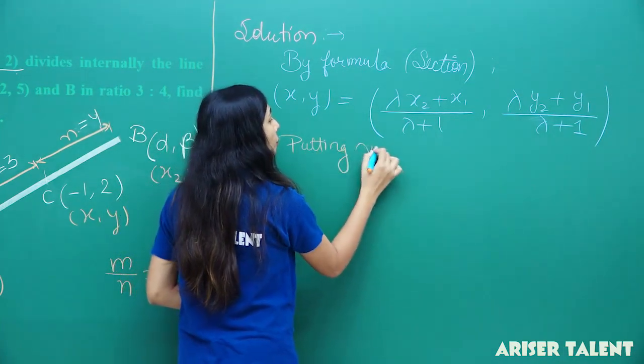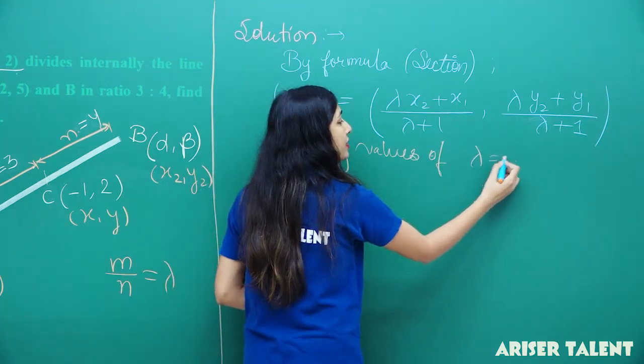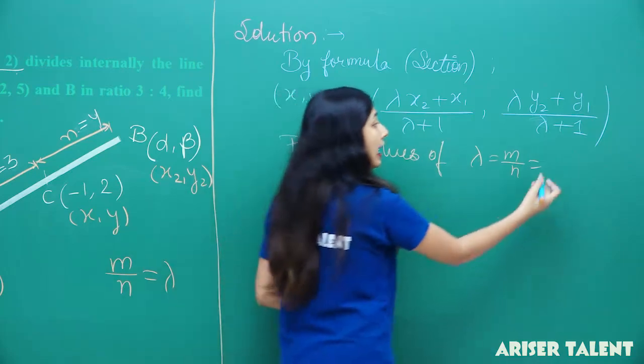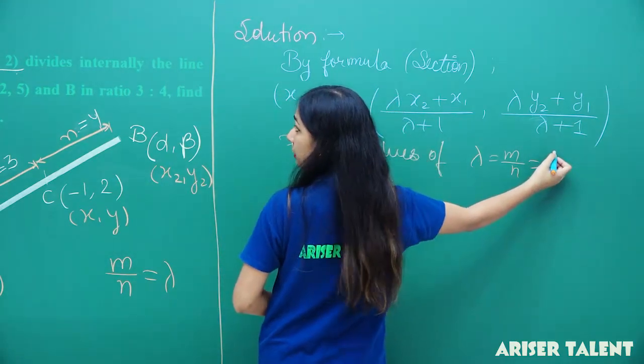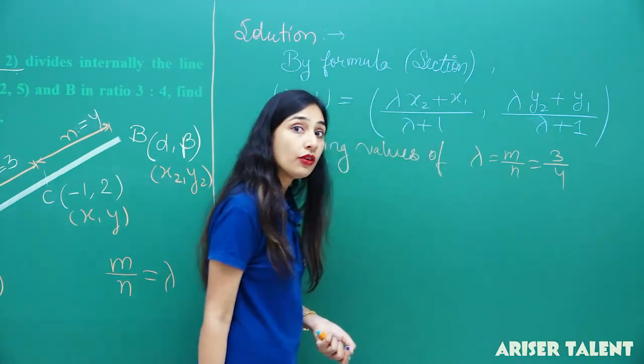Putting values of lambda, which is equal to m by n, where m is given 3 and n is 4. So lambda equals 3 by 4.